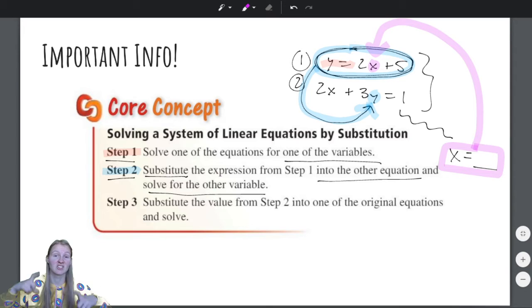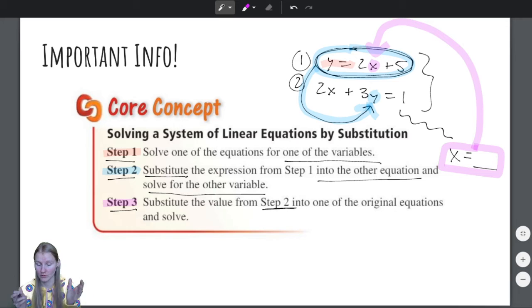I need the x and I need the y. I need to know what x is and I need to know what y is. So step 3 is to take the value from step 2, the value that you get from plugging y in, and plug it into one of the original equations. And then you can solve for the other variable. That will give you what y is.